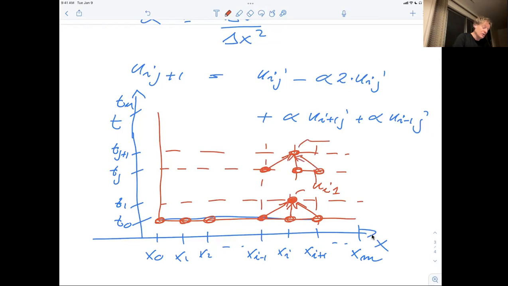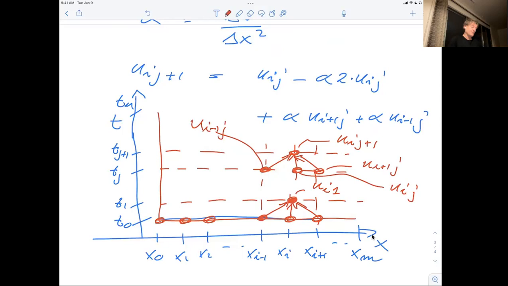So this would be our u of I of j plus 1. What you would have here would be u of I plus 1 of j, the previous time step. The quantity you have here is u of I j, and then the final quantity here is u of I minus 1 of j.